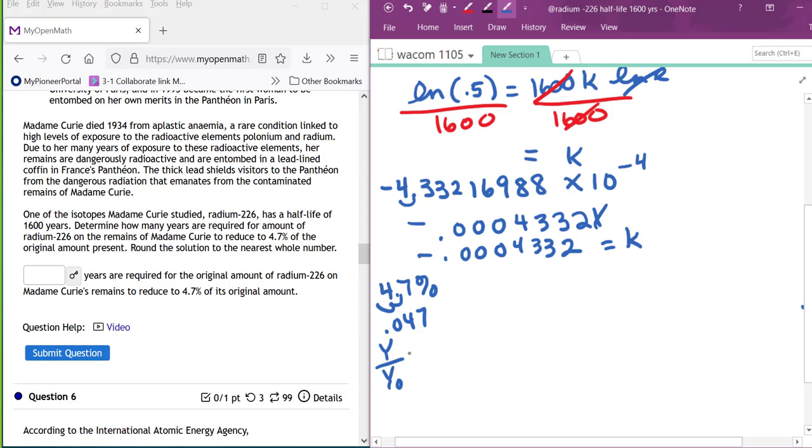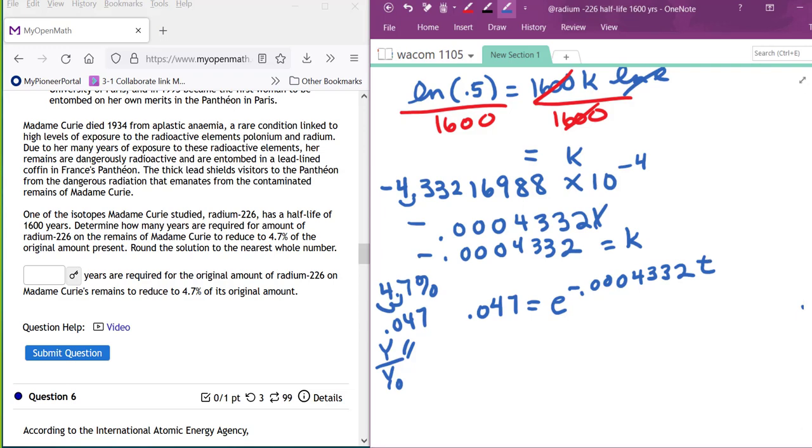So we have 0.047 equals e to the negative 0.004332, and we are looking for the time.